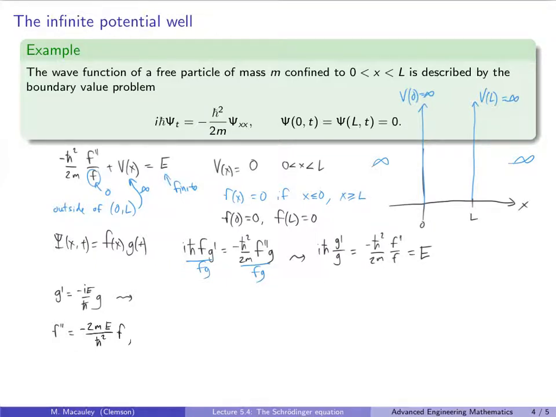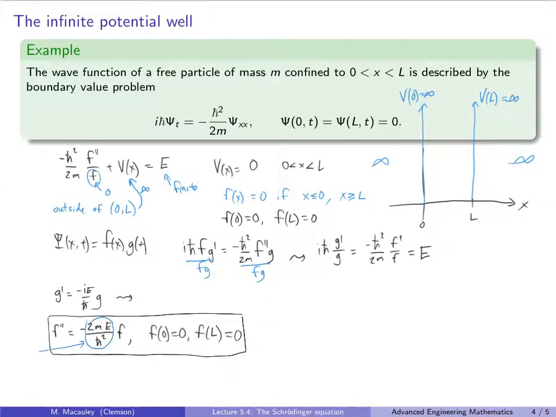And so now we have boundary conditions, f(0) equals 0 and f(L) equals 0. So that comes from these. So here is this very familiar boundary value problem. Let me call this constant something else. I'm going to call that omega squared, just so I don't have to write down all the m's, E's, and ħ's.